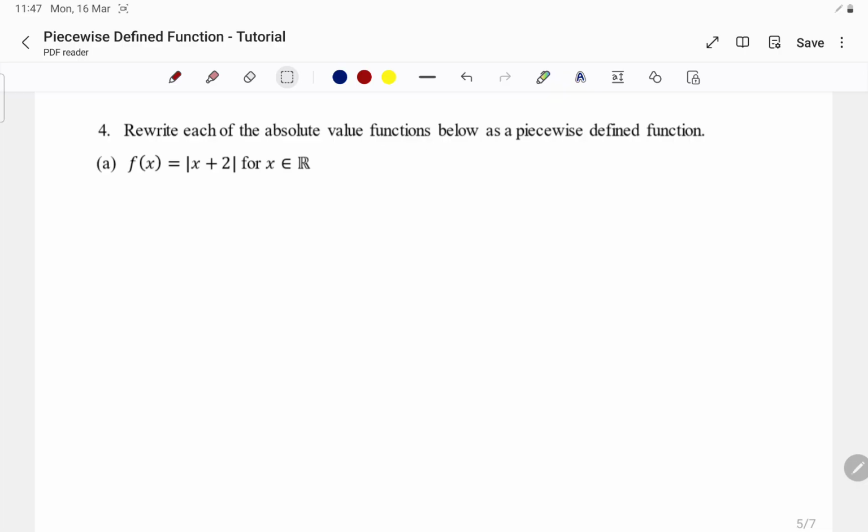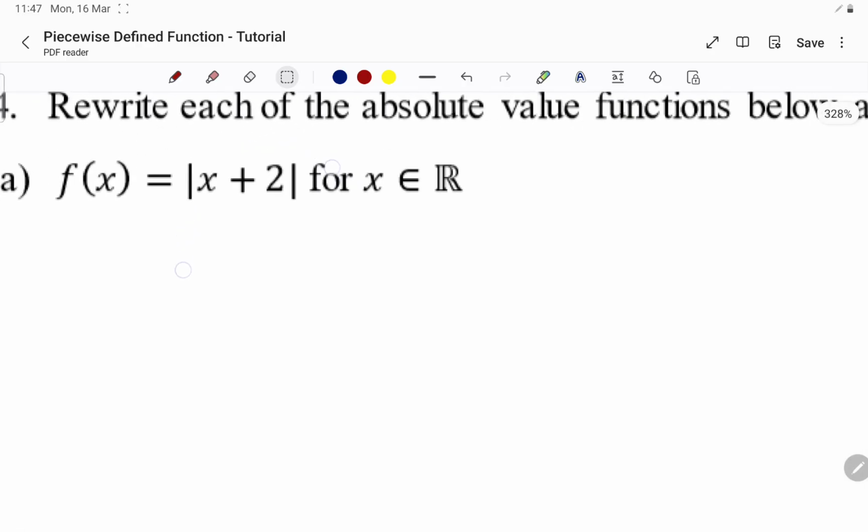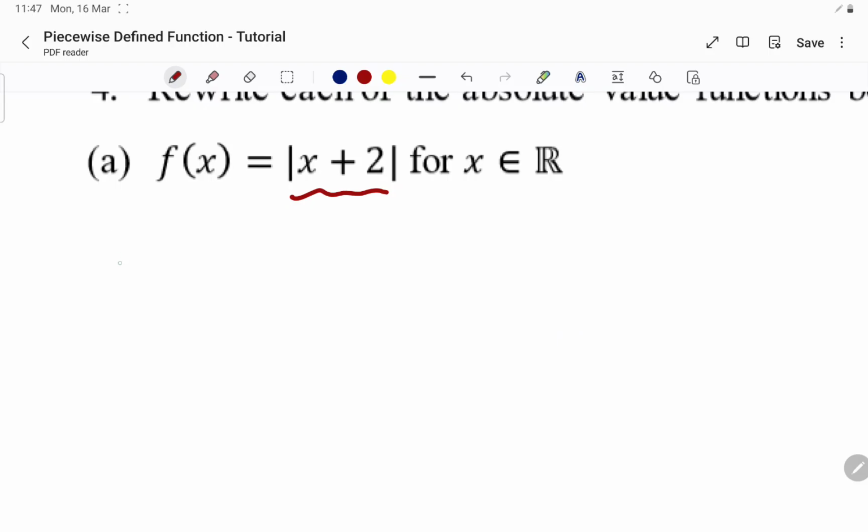So you have fx equal to modulus x plus 2 for x belonging to real numbers. And then here the first step when you want to write this absolute value into a piecewise defined function is that the value inside the modulus you have to let equal to 0 first. Let x plus 2 equal to 0, then you're going to get x equal to negative 2.